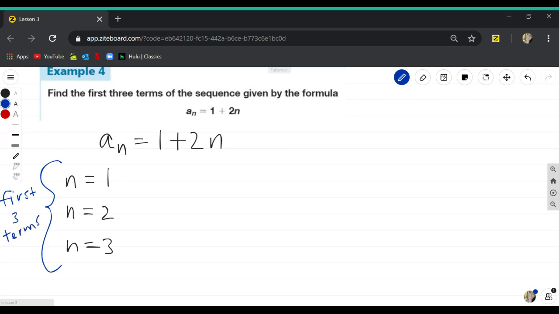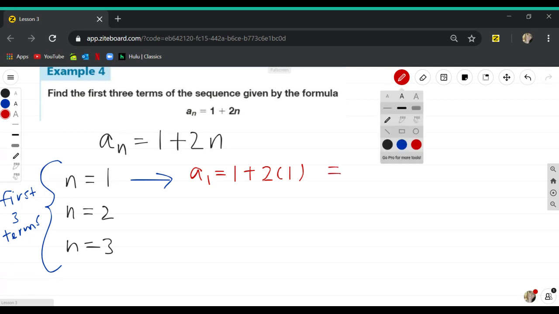So then this is when a1 is equal to 1 plus 2, and then I plug in 1 for n. Then this would equal 1 plus 3, which is equal to 4.